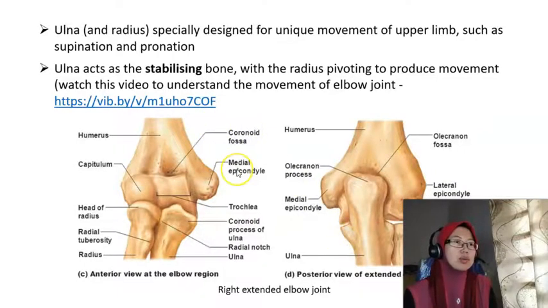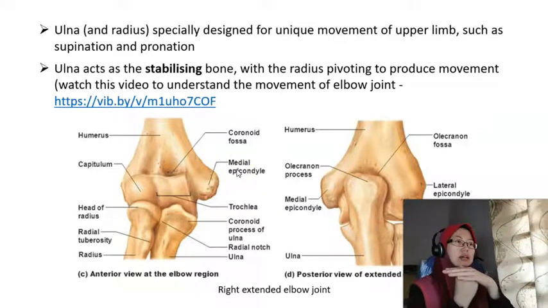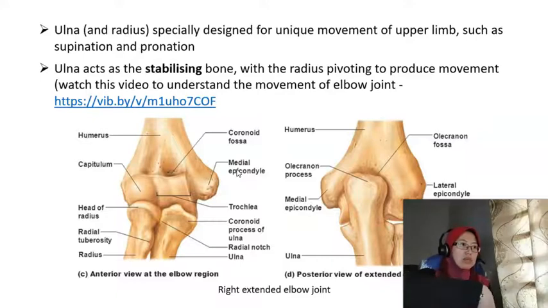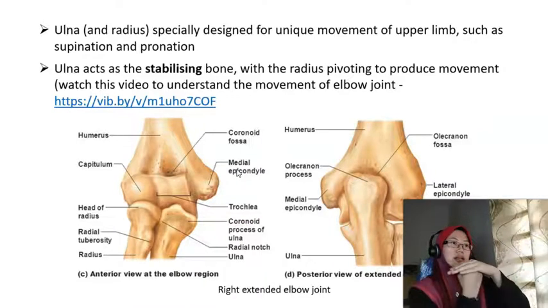You can watch the video to further understand how the movement of radial head is like. The radial head is like a mortar and pestle. Here, this is the radial head that is moving along the capitulum, and the ulna beside is the one that stabilizes the motion.